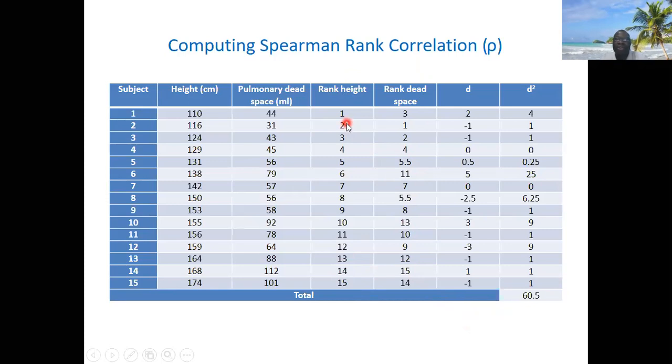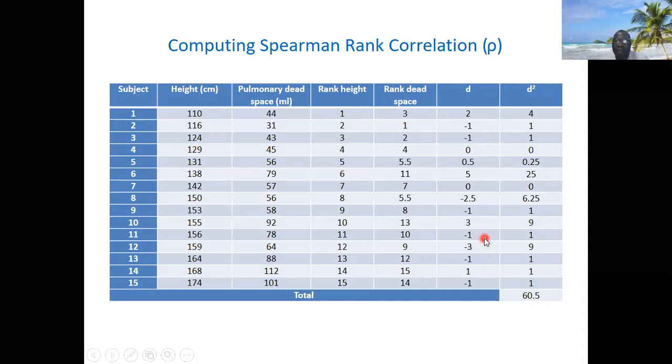Can you see now? You can see then the difference between the ranks. It doesn't really matter which one you remove from which, because by the time you square it, D squared will cancel out any negativity. Here we'll just remove the rank for height from the rank for dead space.